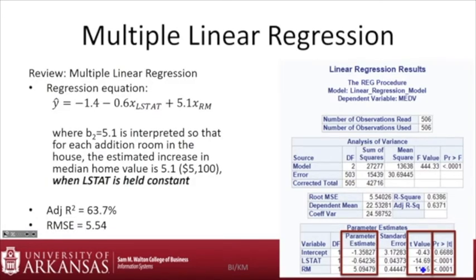So we start out with negative 1.4, we subtract 6.6 for our LSTAT, and then we add 5.1 times the number of rooms. So 5.1 is interpreted so that for each additional room in the house, we're going to increase our estimate by 5.1, or about $5,000.